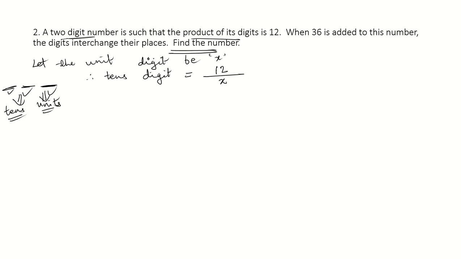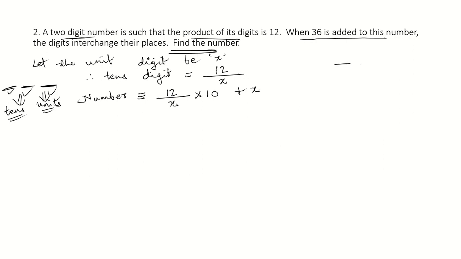Now let's go to the second line. It's given when 36 is added to this number. What is the number? The number when the units digit is x and tens digit is 12 divided by x, the number is 12 divided by x cross 10 plus x, right?